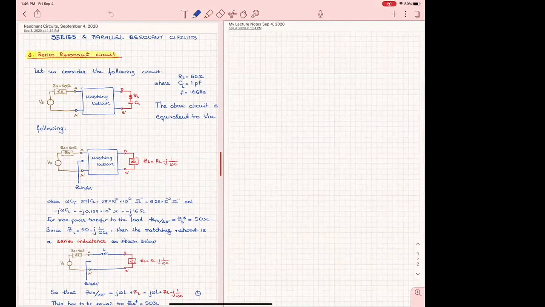It's a matching network. We have designed it. Somebody gave us a load, a resistor and a capacitor, and I call that R sub L and C sub L. And then they gave us a source.